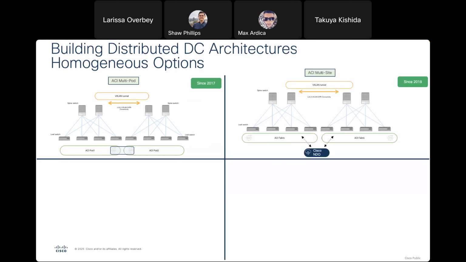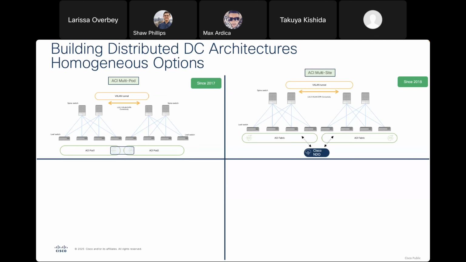Then we introduced ACI multi-site, which allows you to interconnect two ACI fabrics with two different APIC controllers. Both of these options provide end-to-end policy throughout the fabrics, but are limited to just ACI fabrics. The physical connectivity of both of these can be done through an IPN, ISN, or back-to-back, depending on the environment or available connectivity. In multi-site, we still have that communication done through the spines.